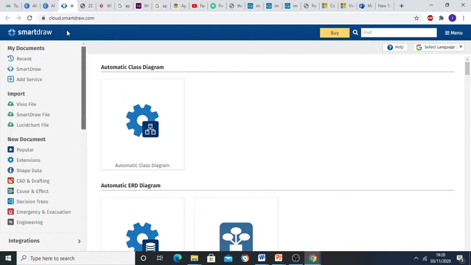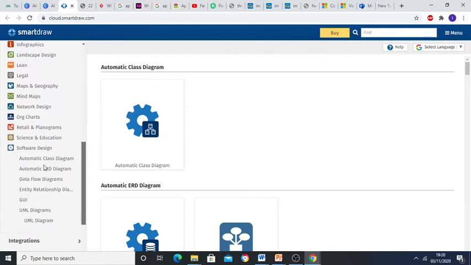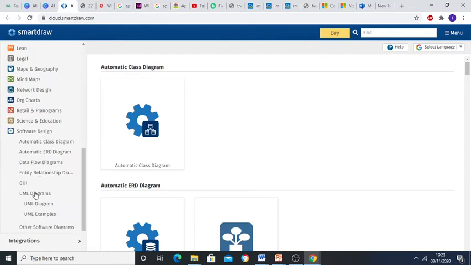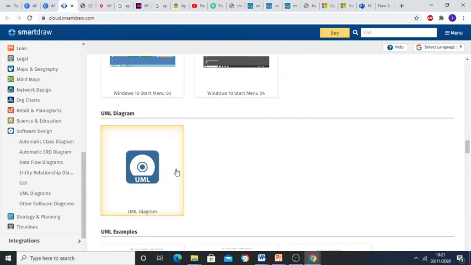On the left, it has nodes for my documents, import, new document, and also a node for UML diagram. We go to the node for UML diagram because use cases are one of the 13 different diagrams that sit in the UML notational tool set.